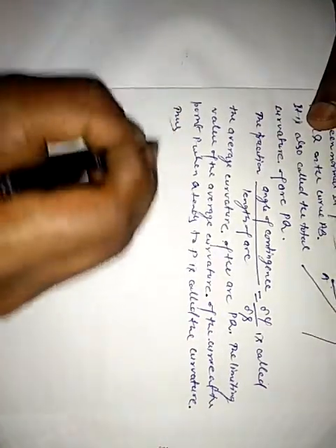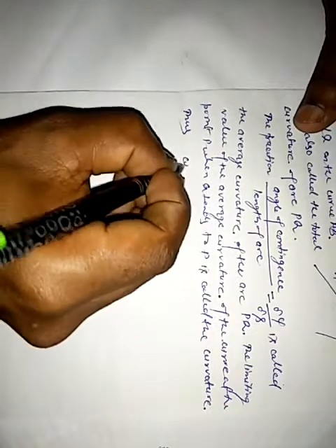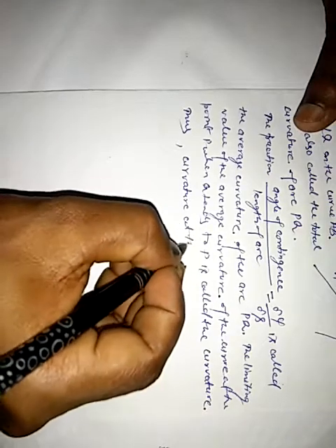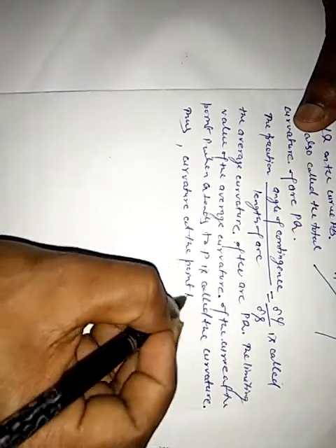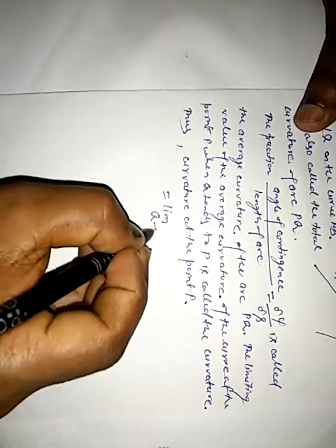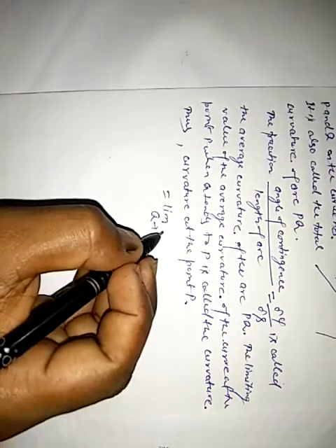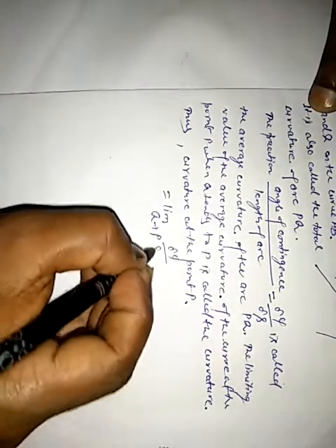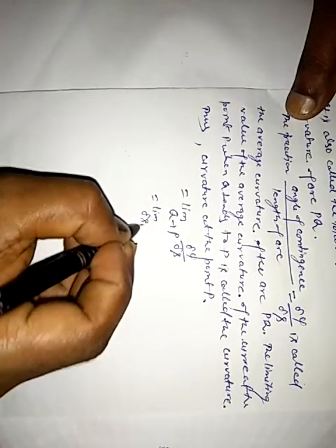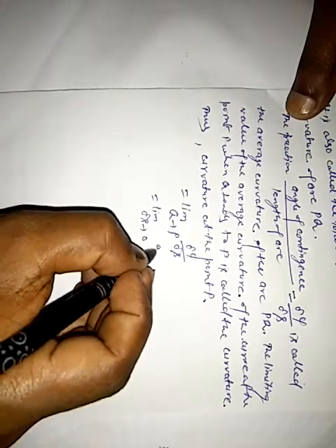Thus, curvature at the point P is equal to limit Q tends to P of delta psi upon delta s, which means limit delta s tends to 0 of delta psi upon delta s, that is d psi upon ds.